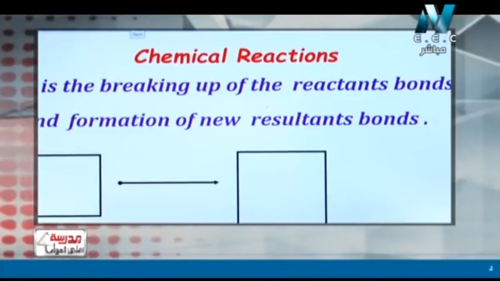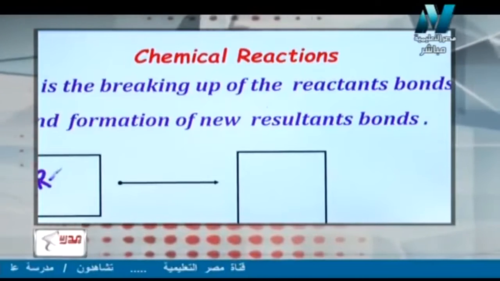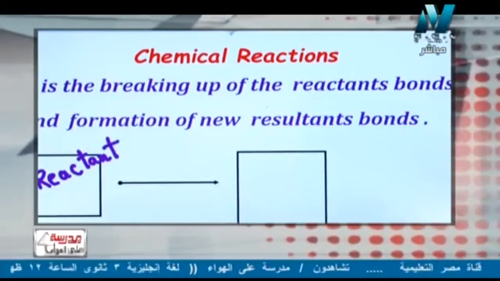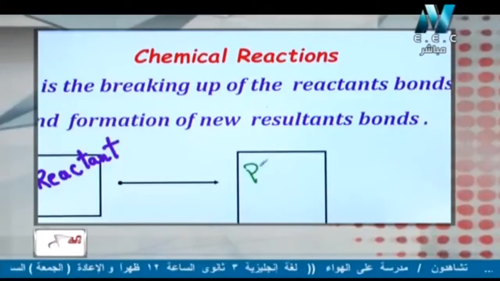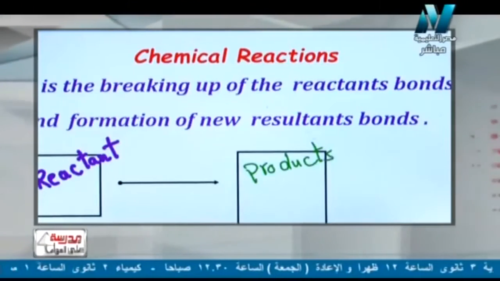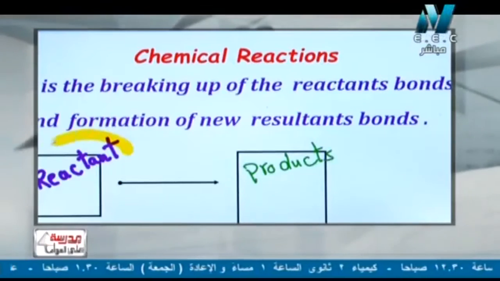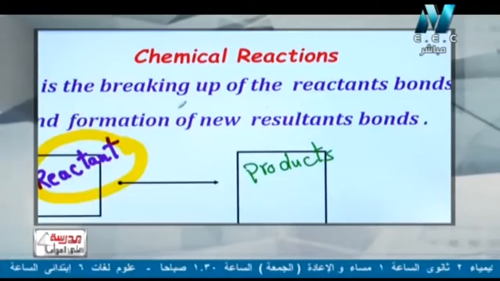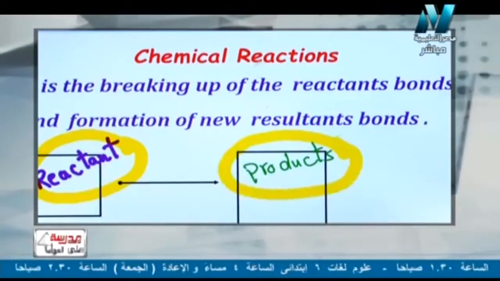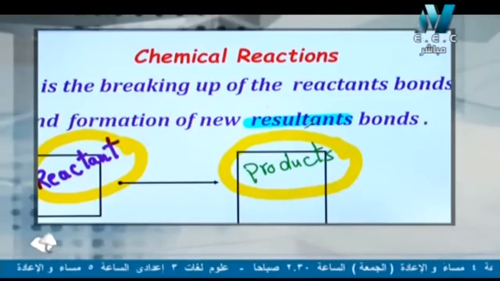So here we have breaking down of the bonds between the reactants and forming new bonds between the products, or the resultants, which means the products.